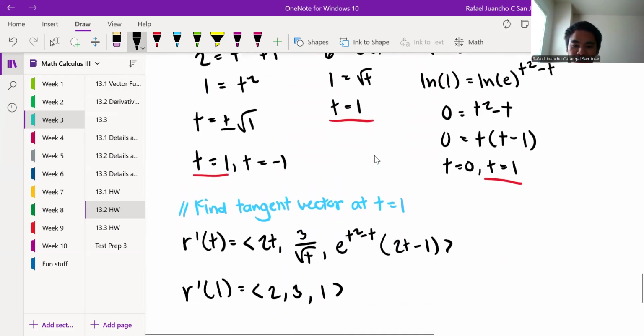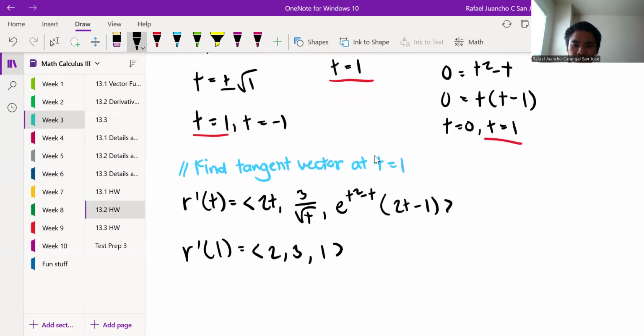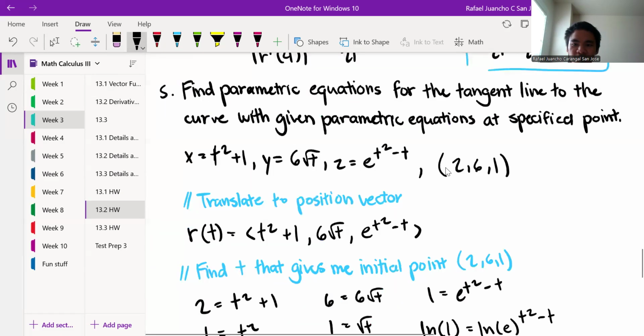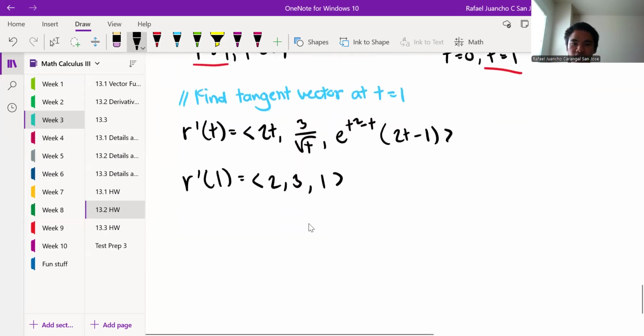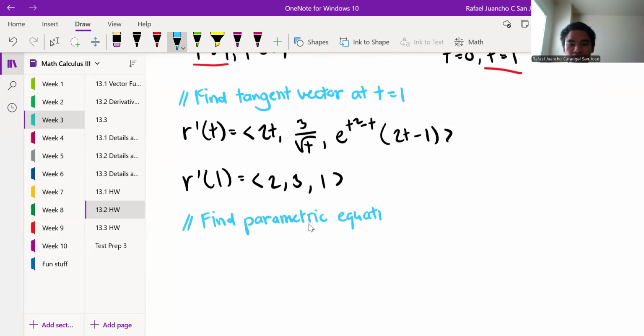Okay. Now what do we have here? Well, we have our initial point and we have our parallel vector, or tangent vector. And so now we can find parametric equations. Let me just quickly do that.